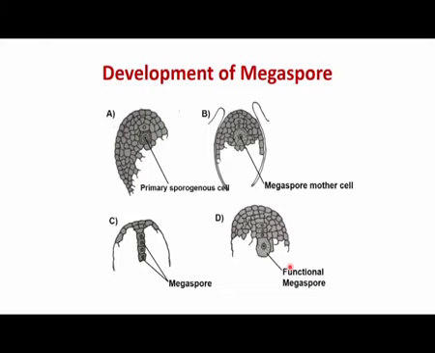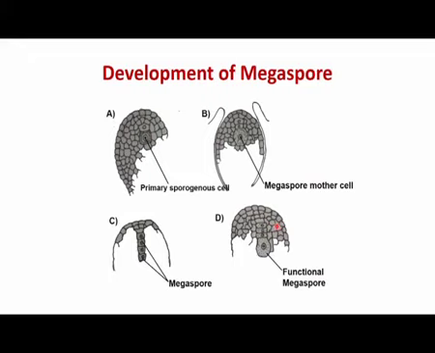First of all, a single cell called the archesporium differentiates into an internal cell of the nucellus near the micropylar end. The archesporial cell may directly function as the megaspore mother cell, or it can further divide to form an inner sporogenous cell. The sporogenous cells or the primary sporogenous cells behave like megaspore mother cells or megasporocytes.